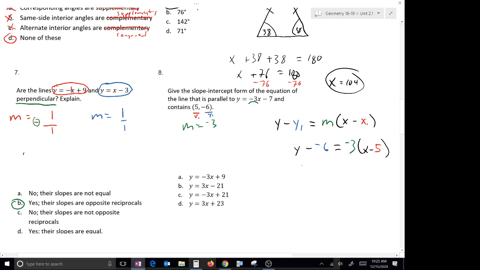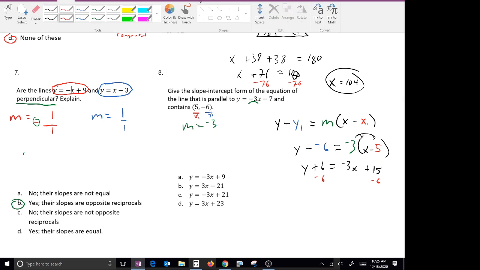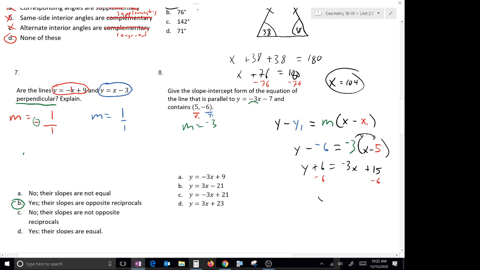Whenever we have minus minus, we're going to change that to a plus. We'll go ahead and distribute that negative 3, so we get negative 3x plus 15. And then we're going to go ahead and subtract that 6. So y equals negative 3x plus 9.